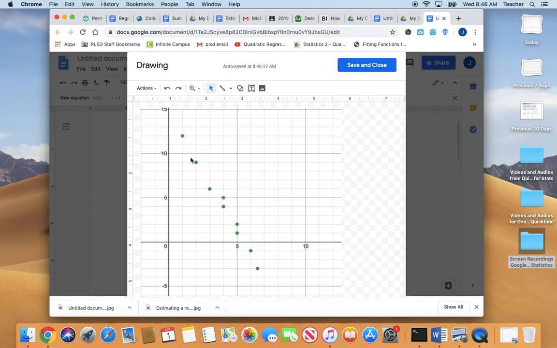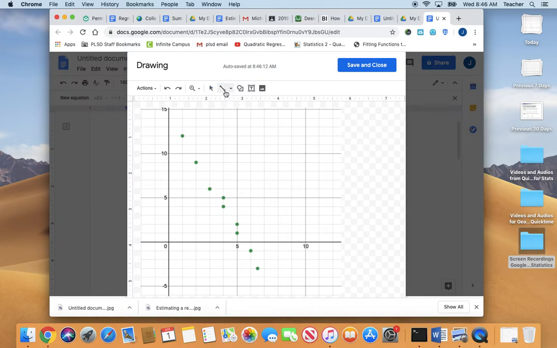And what I'm going to do is eyeball a line that I think will best fit this data. When you draw this line of best fit, you want to try to have as many points above the line as below the line, because remember, not every single one of these points is going to fall on the line of best fit. Some of them might fall on the line, but not every single point is going to do that.